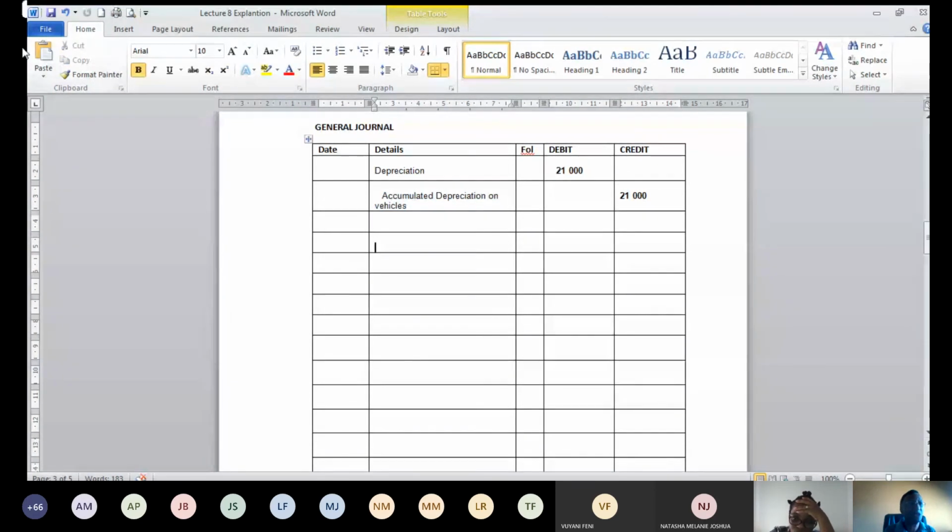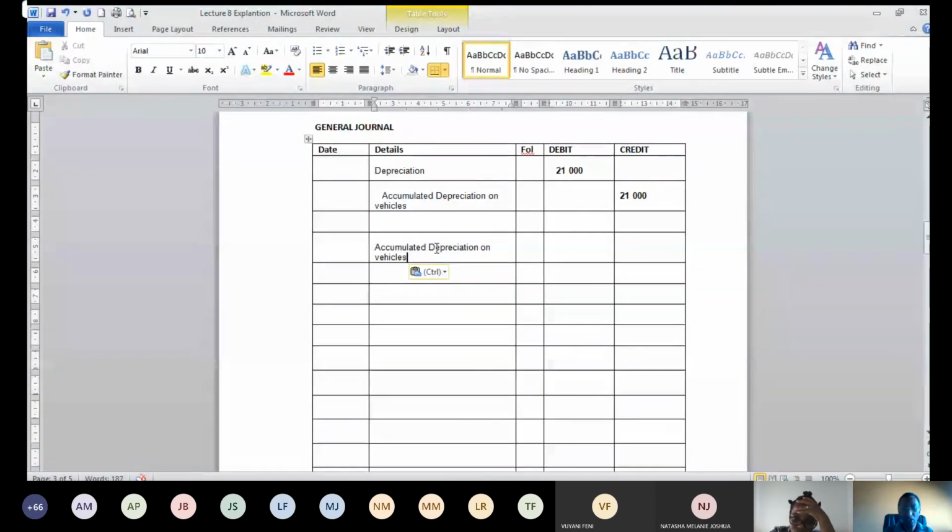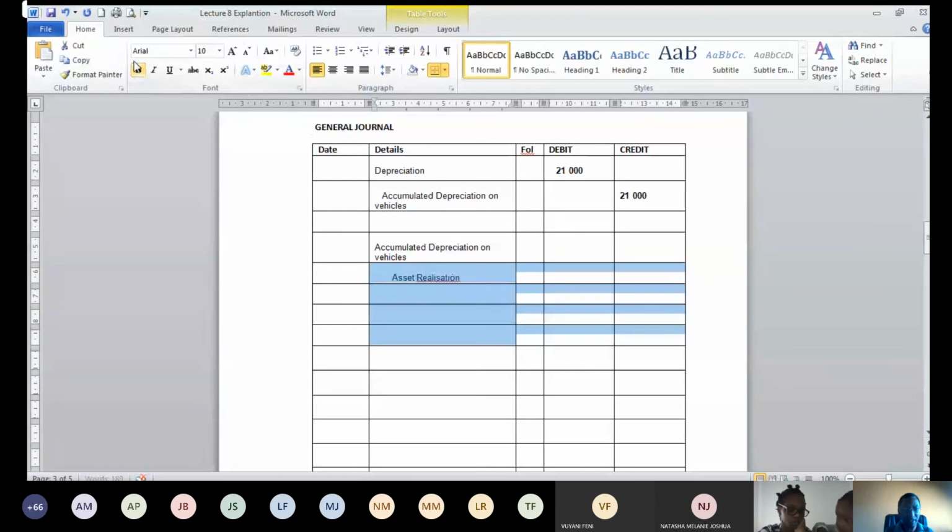Remember, accumulated depreciation on vehicles must decrease. You debit accumulated depreciation on vehicles, and you credit your account asset realization. Remember, this is the new account that I explained to you earlier.